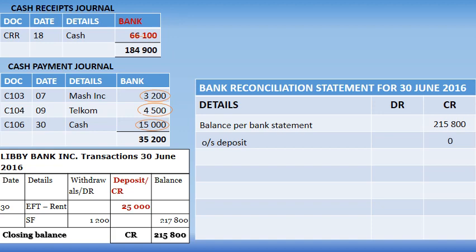Therefore, our bank reconciliation statement will not have outstanding deposits. Then the next entries will be to bring outstanding checks that were marked in the cash payment journal as outstanding. It was check 103, amount 3,200.